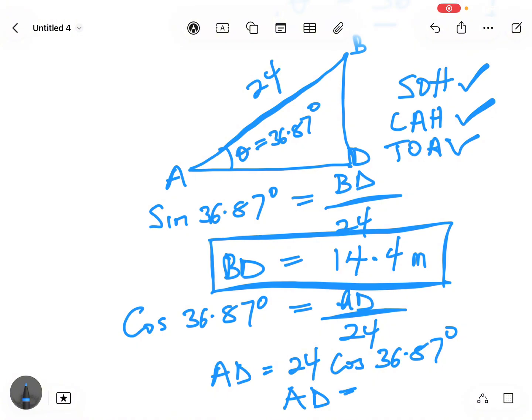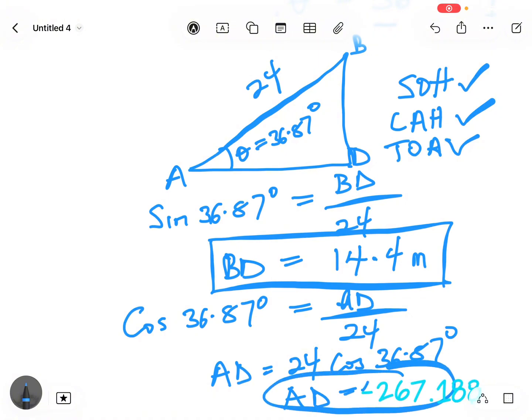Cos 36.87 times 24 is 19.19, which is also 19.2. So AD is 19.2 meters.